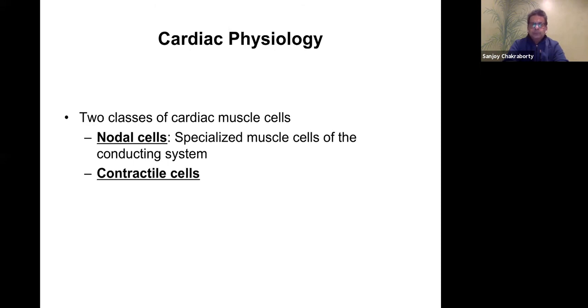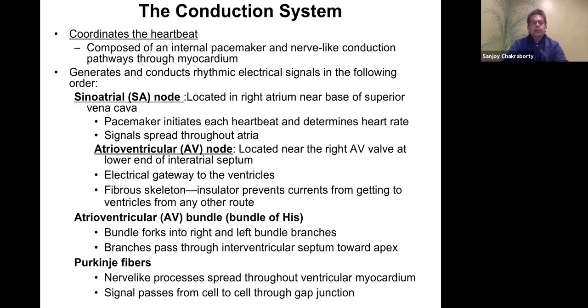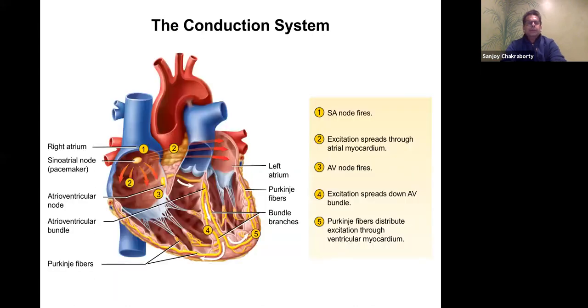Now let's learn how nodal cells do that job. I'm going to teach this right from this picture. On the right atrium, a little bit superior part of the right atrium, there is a group of cells known as the sinoatrial node, in short SA node.